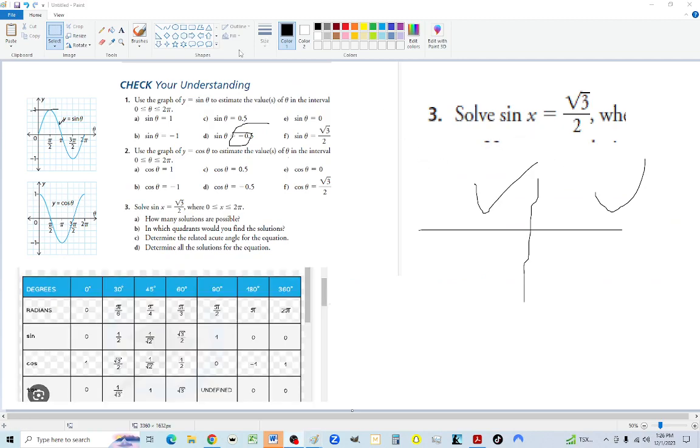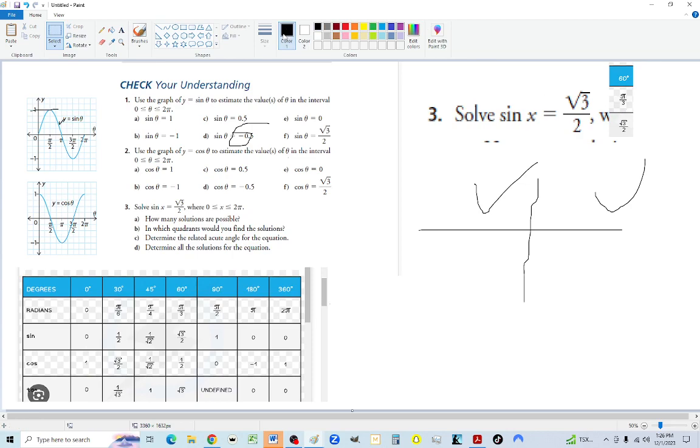So once you have your exact values, you can see that sine x, if you go along here, is square root of 3 over 2 for 60 degrees, or pi over 3. That's the only time.